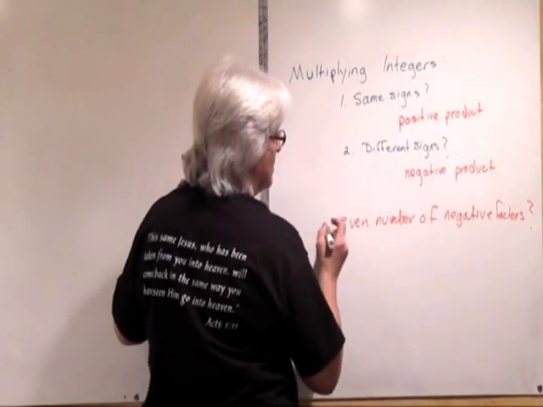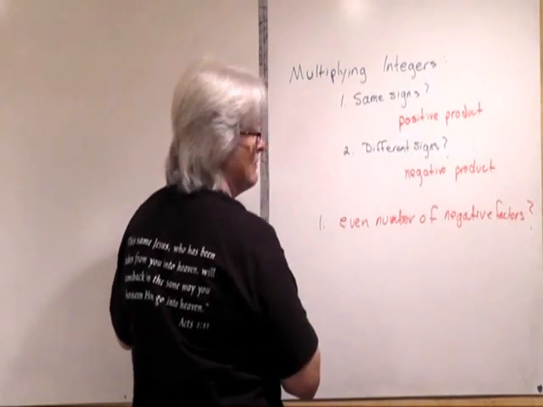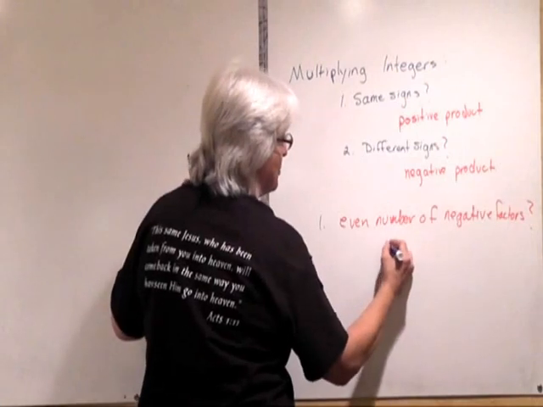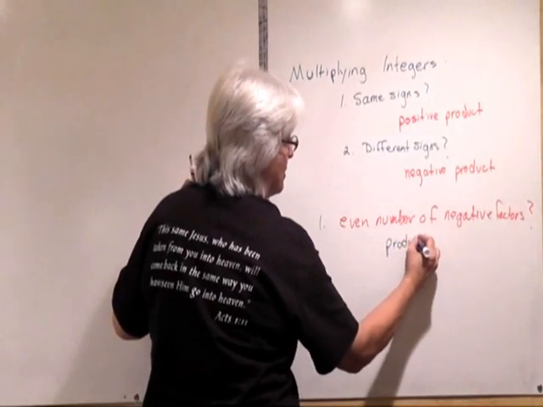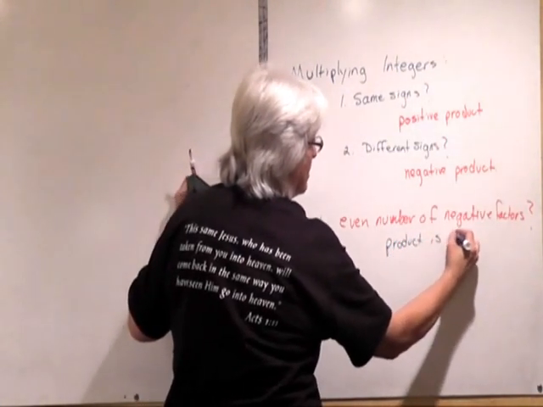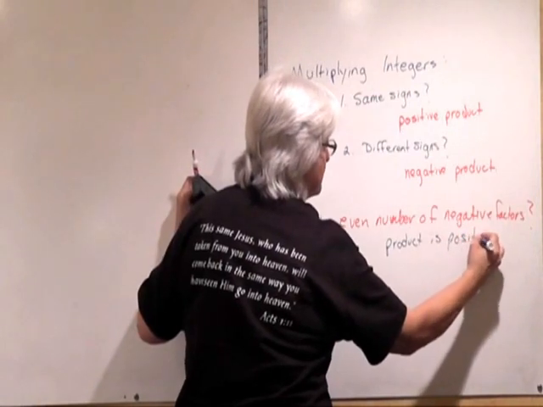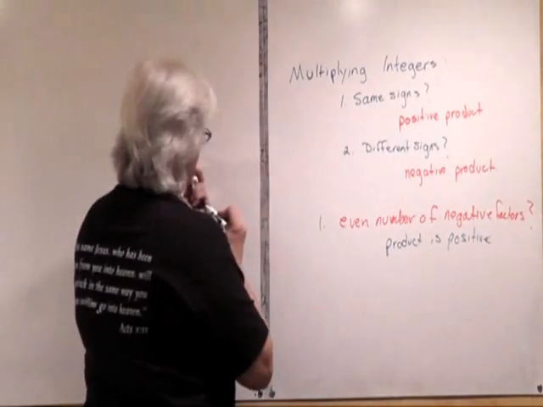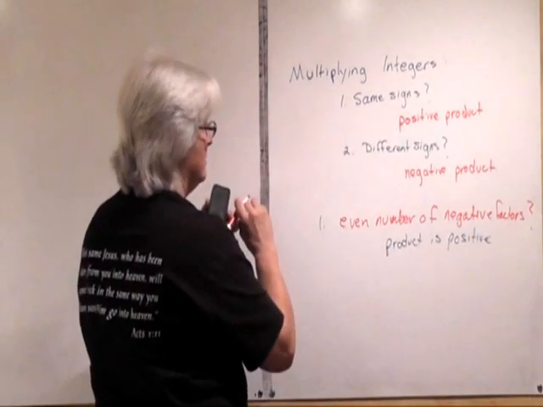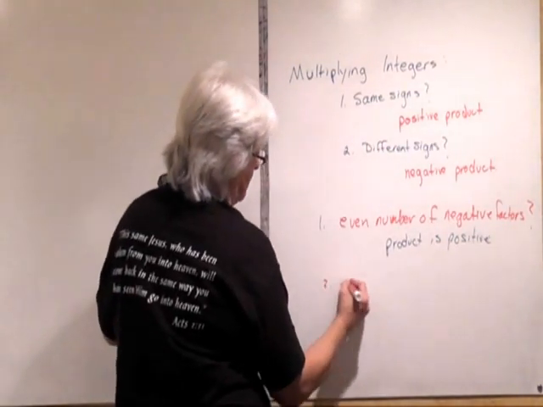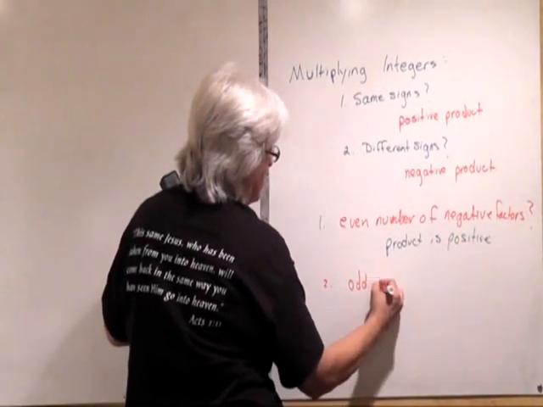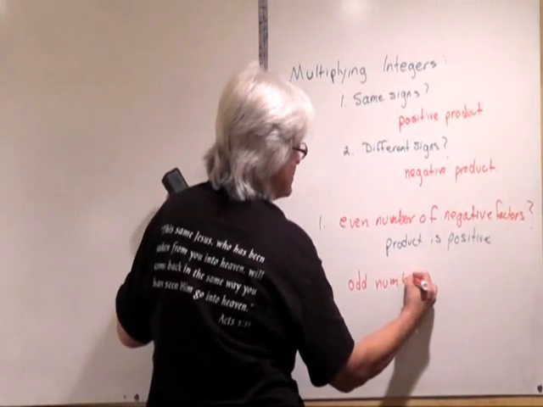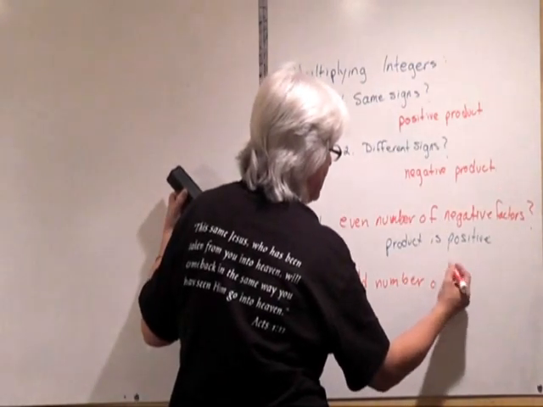So if you have an even number of negative factors, your product is positive. If you have an odd number of negative factors, then your product is going to be negative.